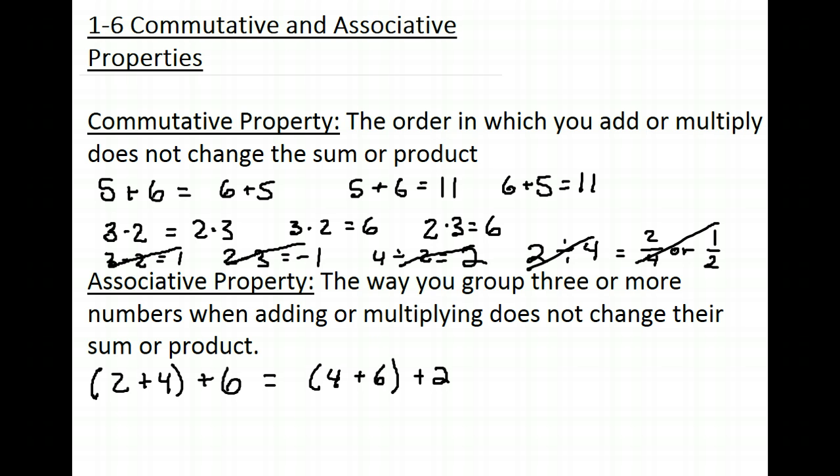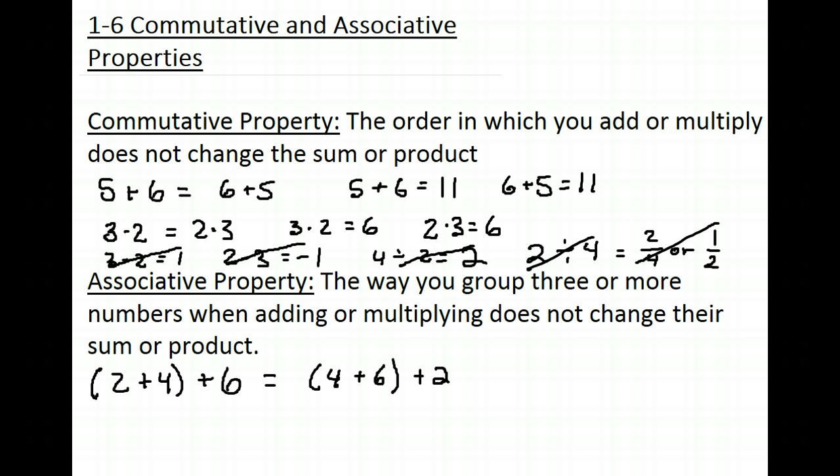So we just changed what's in the parentheses. We're regrouping them a little bit differently because 2 plus 4 is 6 plus 6 equals 12. And in parentheses we have open 4 plus 6 close plus 2. 4 plus 6 inside of our parentheses is 10 plus 2 is again 12.